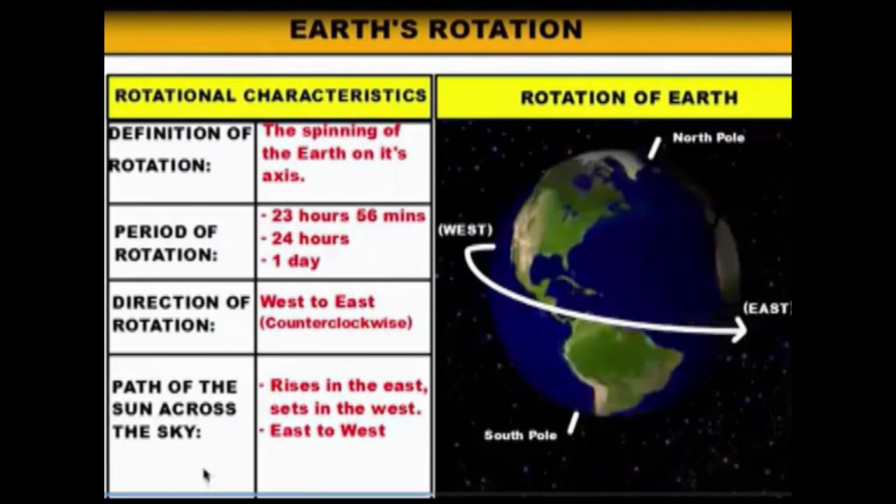The direction of rotation is from west to east, and it's counterclockwise. Very good. And the path of the sun across the sky: it rises in the east and sets in the west. So that ends the explanation for Earth's rotation.